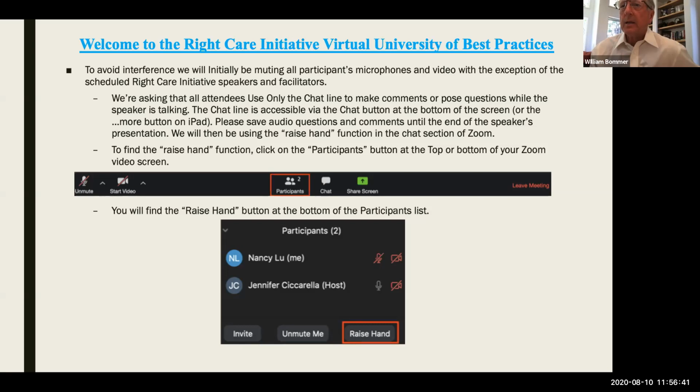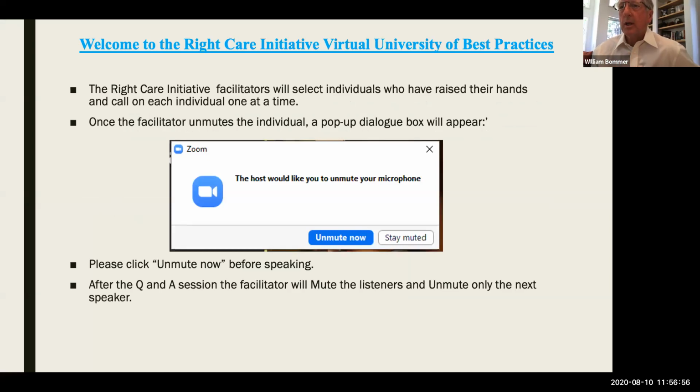If you put raise hand on, our coordinator will try to select the raised hands, and she will then unmute you. You will receive a message that says you're unmuted from the host, and you will now have to unmute yourself by going to the top or bottom of the screen and hitting unmute. At that point, your microphone will be live and we'll be waiting for you to pose your question to the panel or to the speaker, however you direct it.